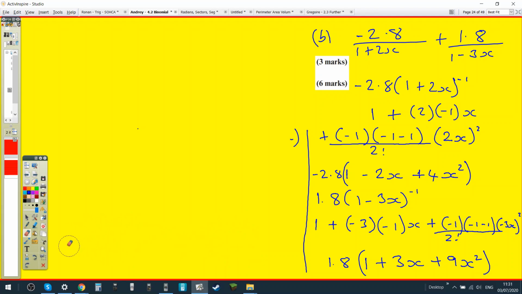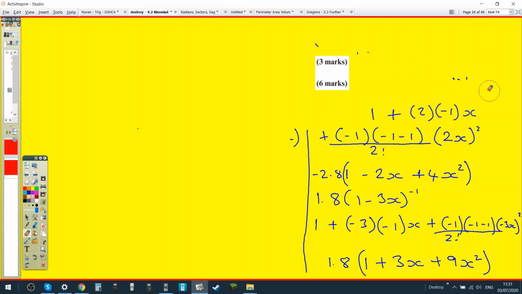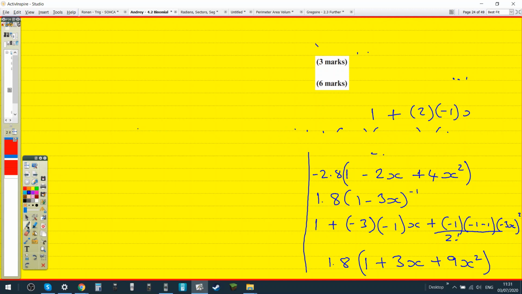So will the first expansion be minus 2.8 plus 28 over 5x minus 56 over 5x squared?